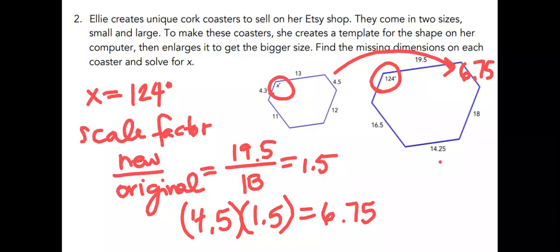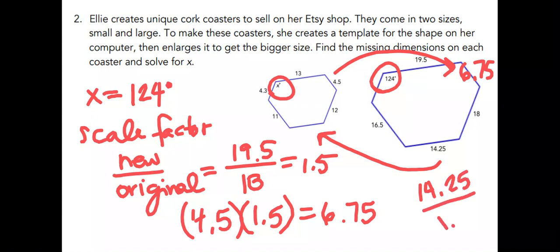Okay, but now we need to go backwards because we're looking for this bottom length on the smaller one. So instead of multiplying by 1.5, we're going to divide. So we're going to do 14.25 divided by 1.5. 14.25 divided by 1.5, and we got 9.5.